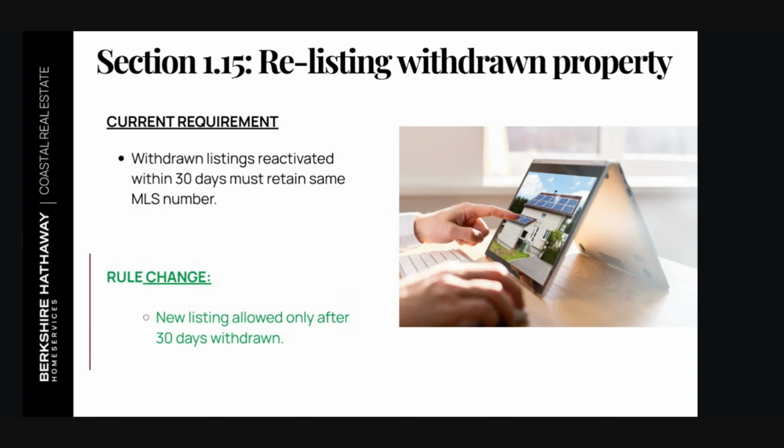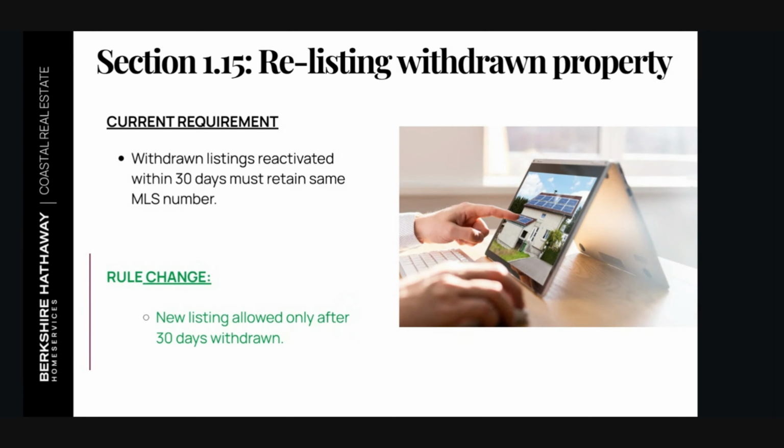The purpose of this rule is to prevent artificial resetting of days on the market, manipulation of listing history, and misrepresentation of how long a property has actually been exposed to the market. MLS history is intended to accurately reflect the total time a property has been offered for sale.